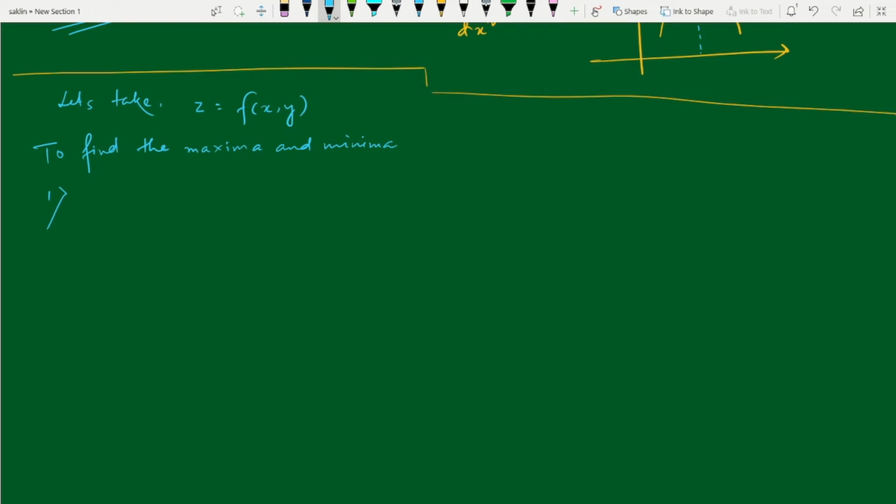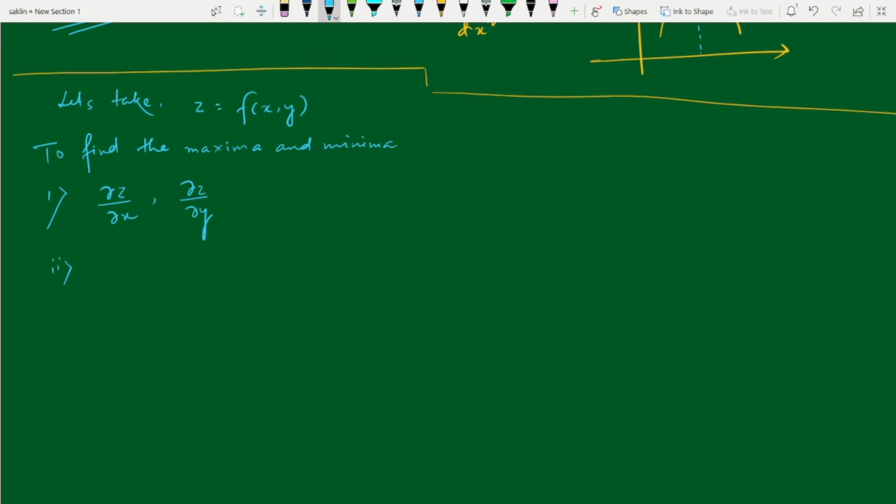First step is, similar to the previous one, we have to take the first derivative of z with respect to x, and second is del z by del y. That means this is the first derivative with respect to y.